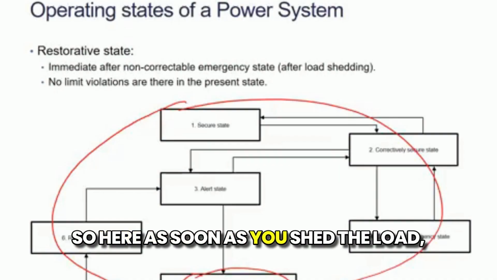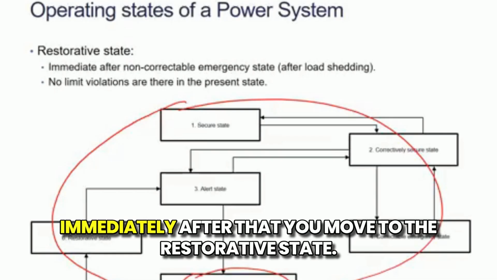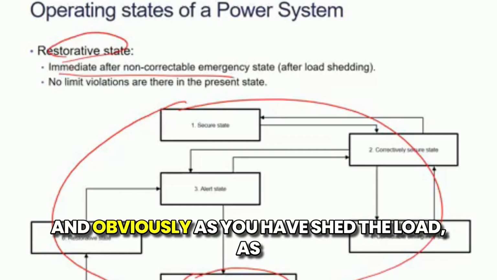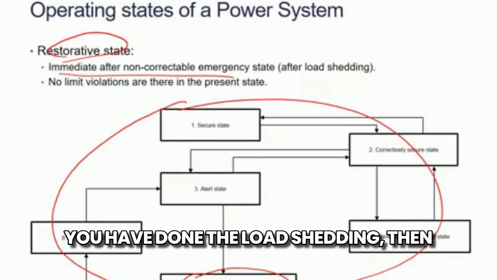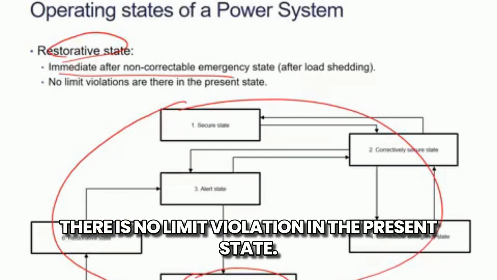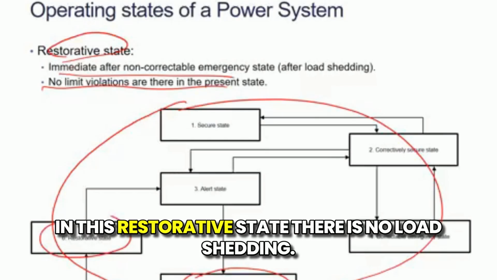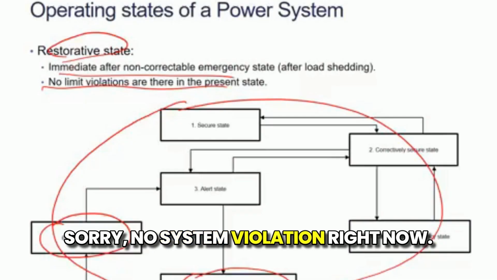As soon as you shed the load, immediately after that you move to the restorative state, and obviously as you have done the load shedding, there is no limit violation in the present state. In this restorative state there is no load shedding, no system violation, right?